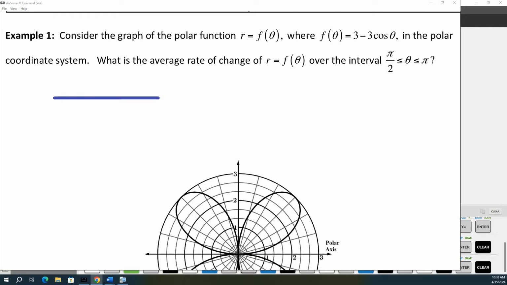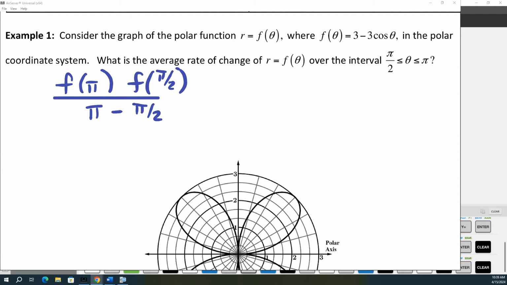Okay, grab a calculator if you don't have one. All right, so what we're going to do is f of pi minus f of pi over 2, over pi minus pi over 2.